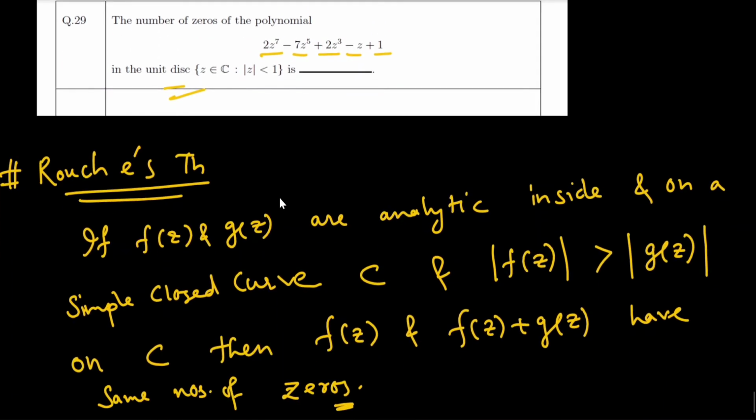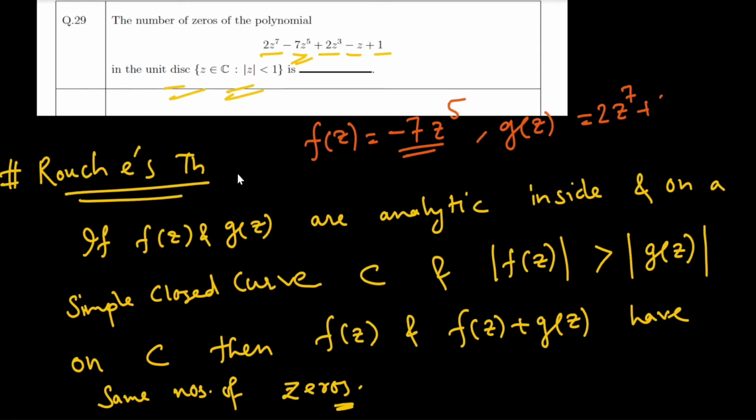Now in this case we select f(z) as the numerically largest coefficient and middle power of z. So we choose here f(z) equal to minus 7z^5, highest numerical coefficient and middle power of z, and g(z) equal to the remaining polynomial 2z^7 plus 2z^3 minus z plus 1.